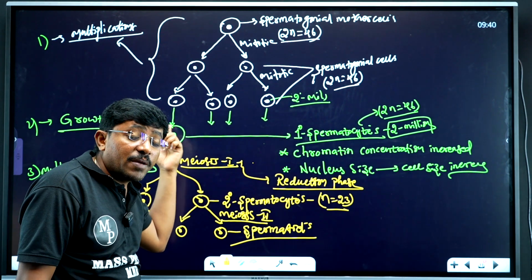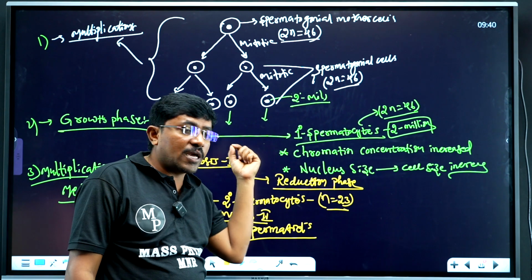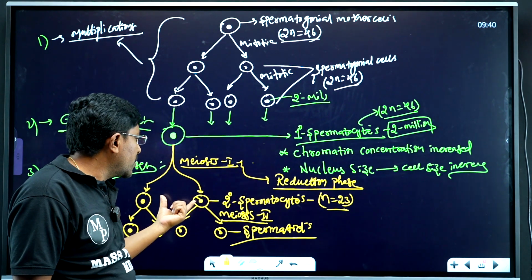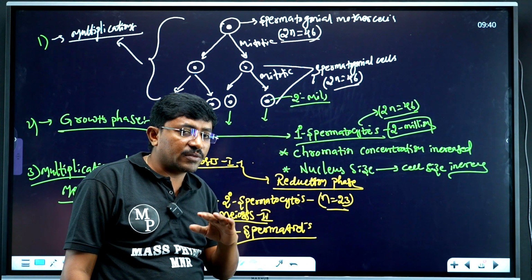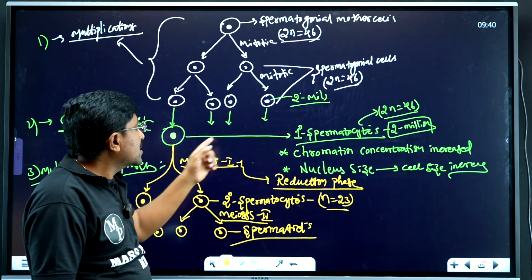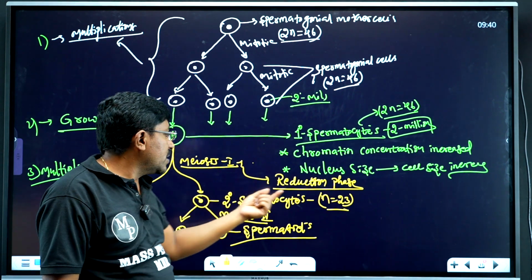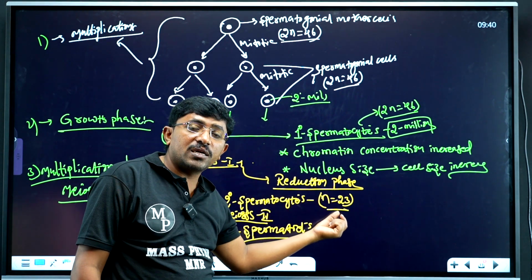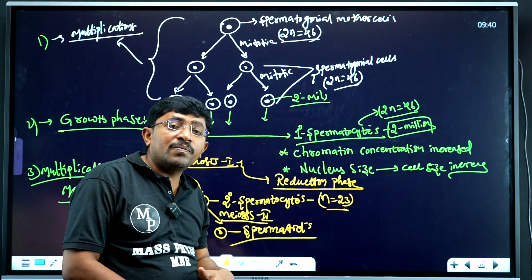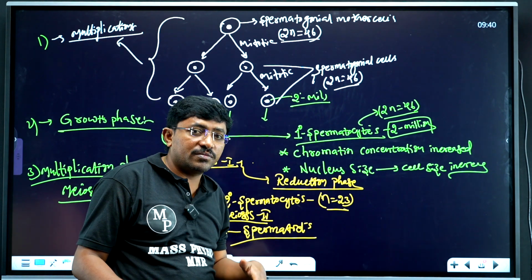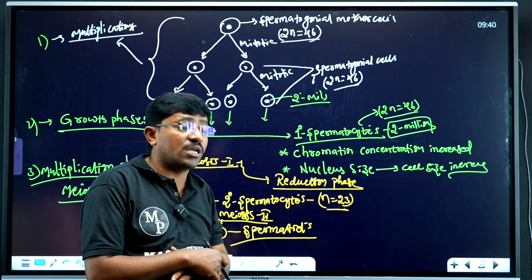The primary spermatocyte is the mother cell. In the mother cell 46 chromosomes are there, in the daughter cells 23 chromosomes are there. The number of chromosomes becomes half. That process is the reduction division.